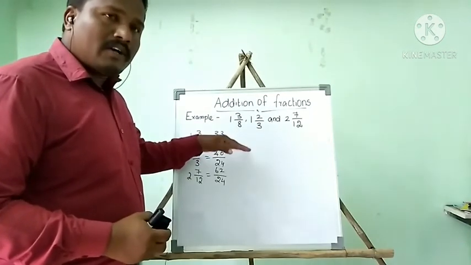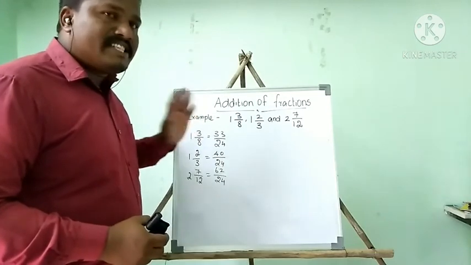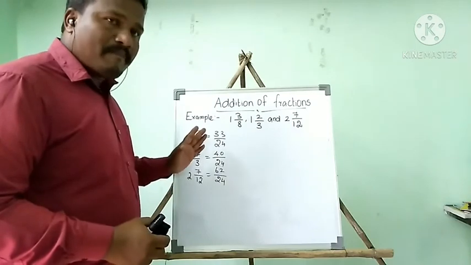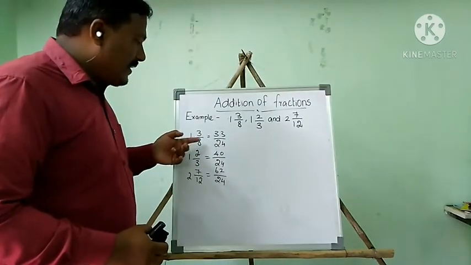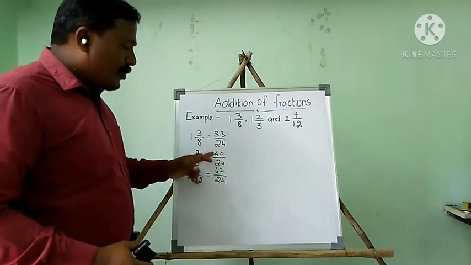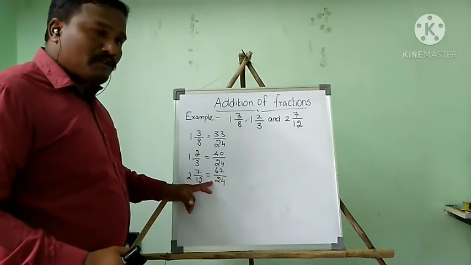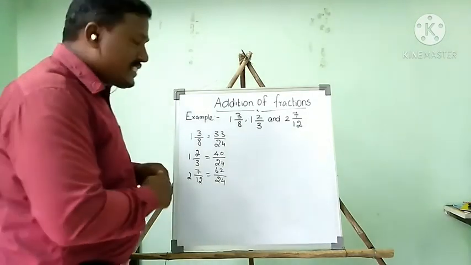After we get the improper fractions, we take the LCM of all the denominators and convert them so the denominators are the same. Now 1 3 upon 8, we got 33 by 24. Then 5 2 upon 3, 40 by 24. Then 2 7 upon 12, 62 by 24. Now all the denominators are the same, so we can add easily.